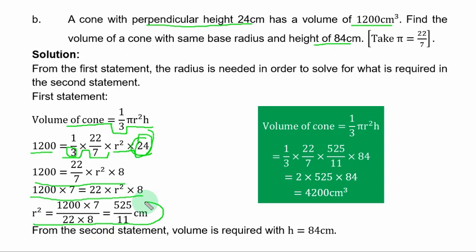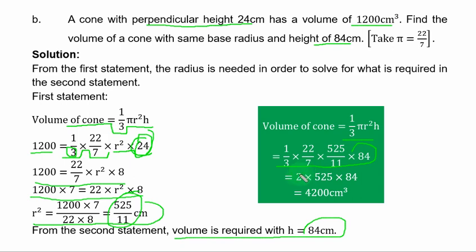From the second statement, volume is required with height 84. You have the same formula for the volume. You have 1 over 3 times 22 over 7. Now r squared is this. So you have 525 over 11 times 84.